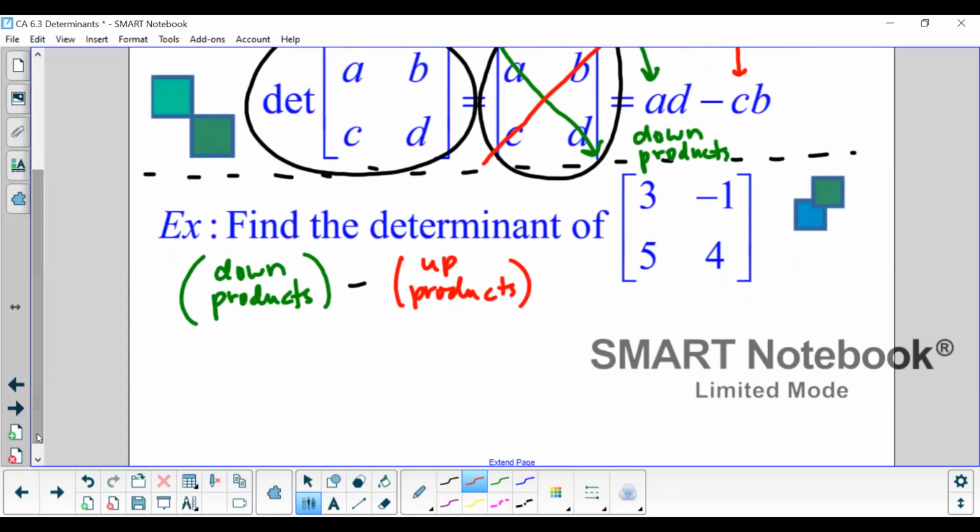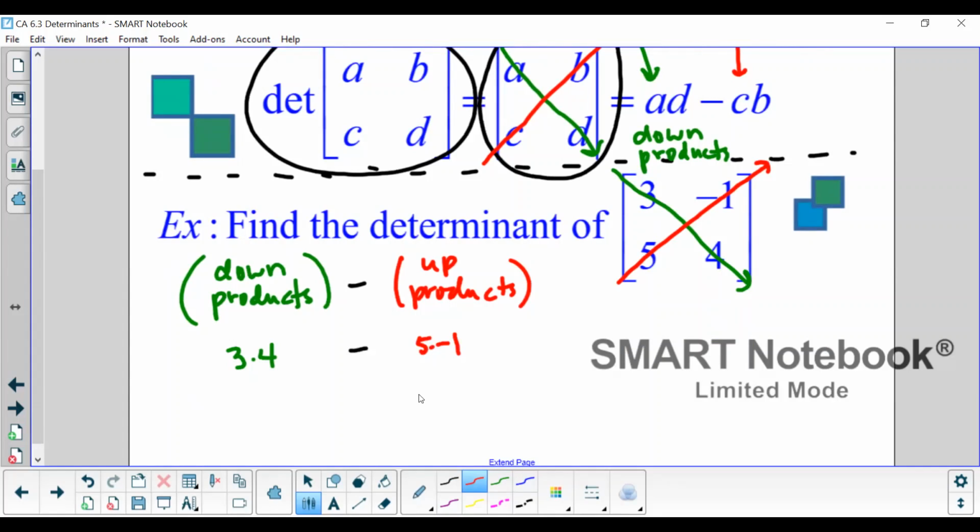And we're going to do that for this specific example with my 2 by 2 matrix 3, -1, 5, 4. So the down diagonal goes like this. So it's going to be 3 times 4. And I'm going to subtract the up diagonal product, 5 times -1.